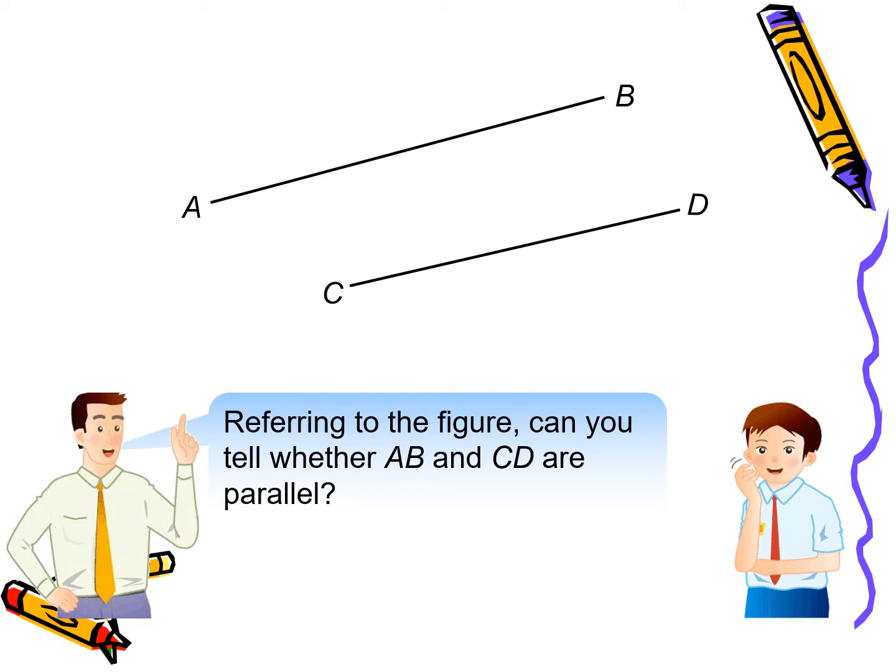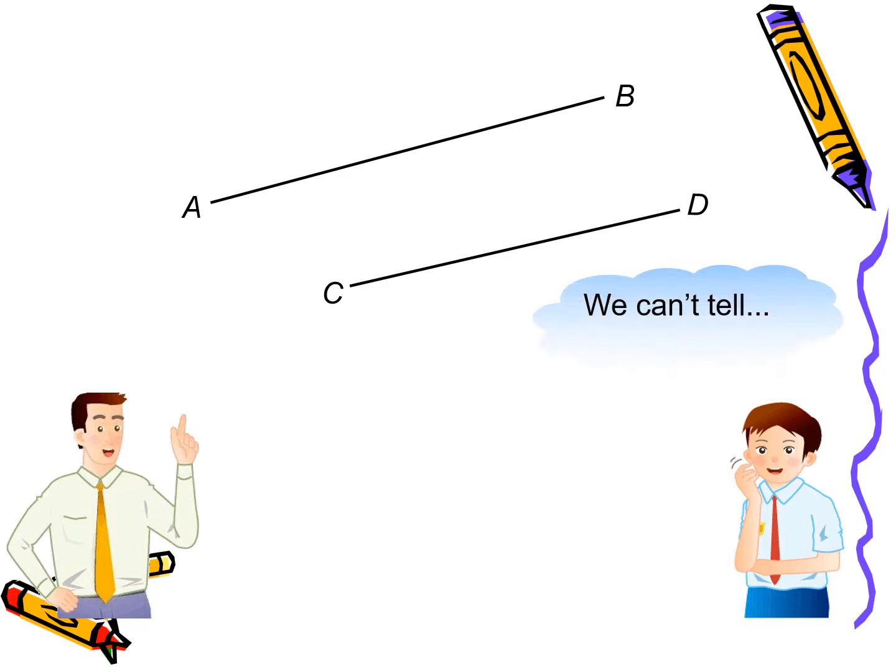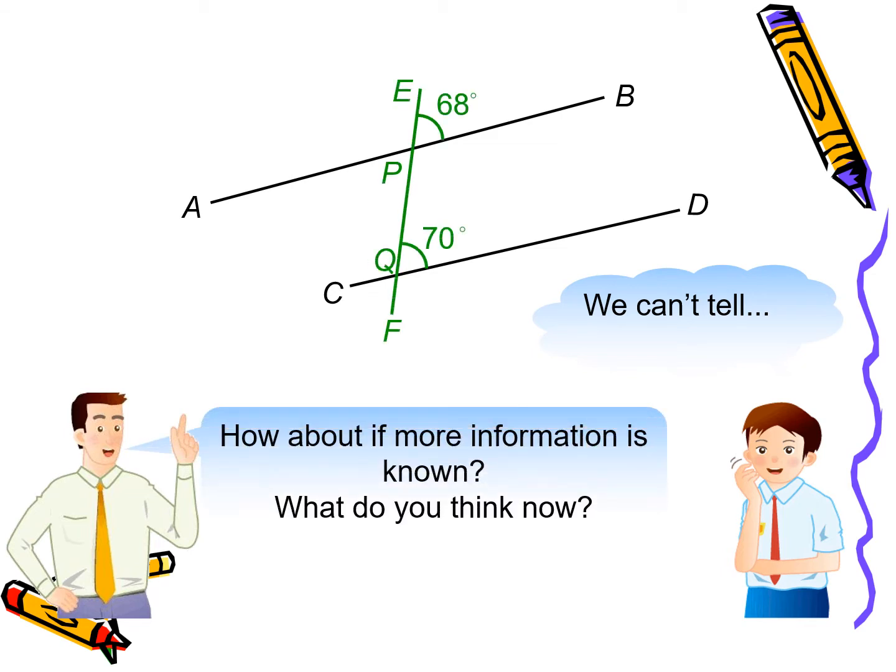There are two straight lines AB and CD. Can you tell if they are parallel by just inspection? Actually, it is not easy to tell if they are parallel. However, if some more information is given, then what conclusion can you draw?